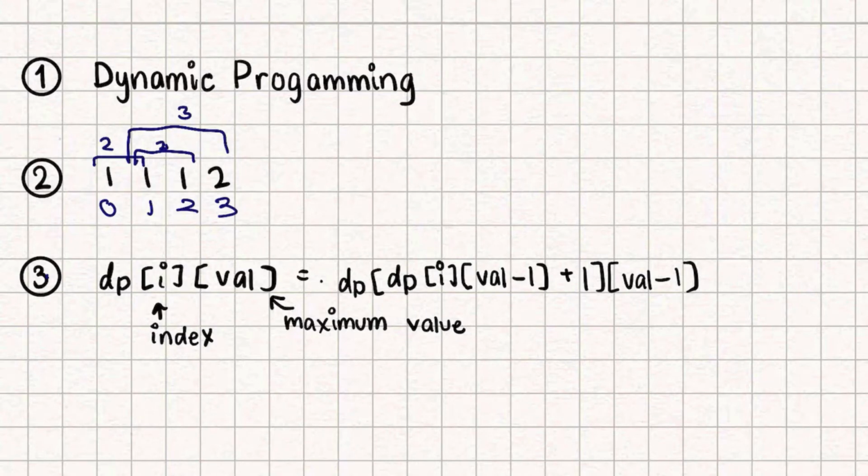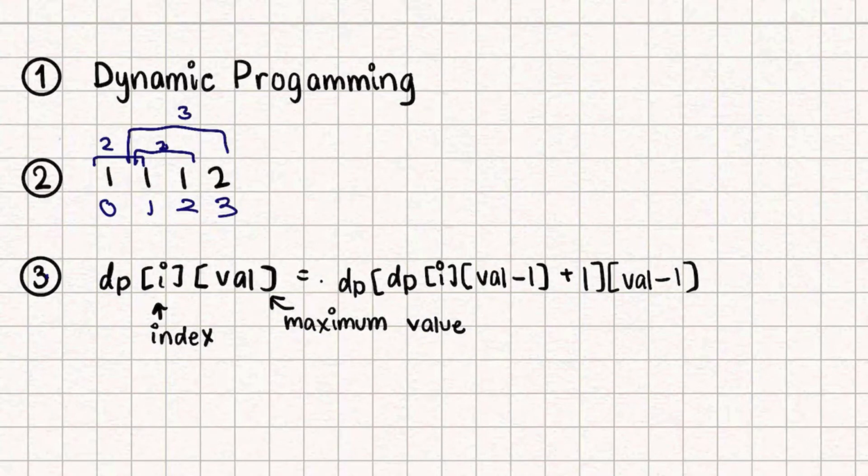So our DP state is going to be DP[i][val], where i is going to be the index that our range starts. So if we were to look at this range here, the i value would be 1. And then we're going to have the second dimension as val, which is going to be the maximum value made.